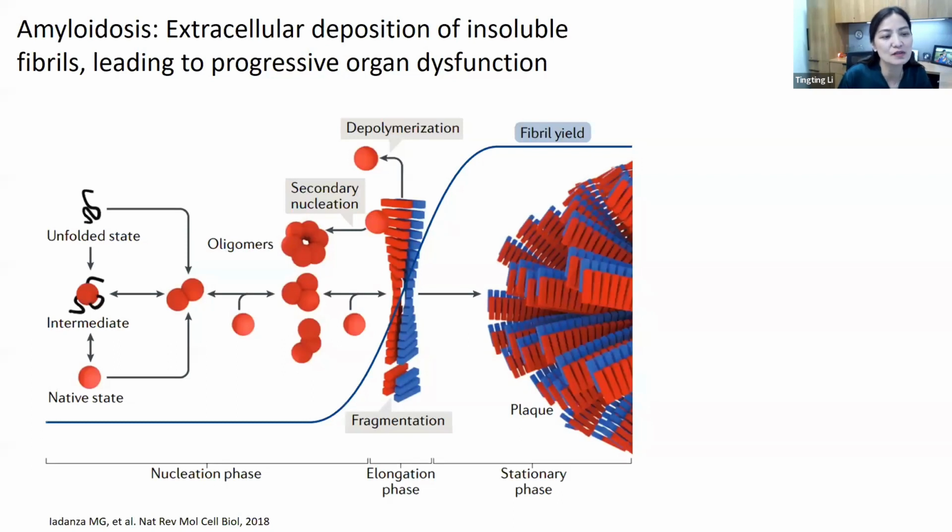So when these conditions are met, these monomeric proteins can self-aggregate, forming these oligomers. When the number of oligomers reaches a critical concentration, you can then form a nucleus, which is a catalyst that rapidly recruits additional monomeric proteins and polymerizes them, forming these fibrils.